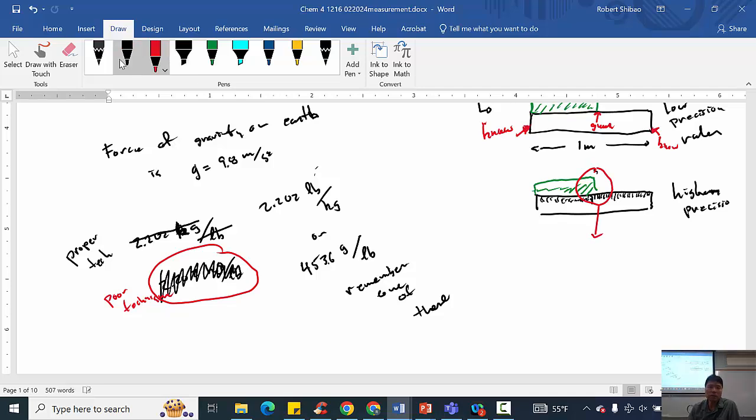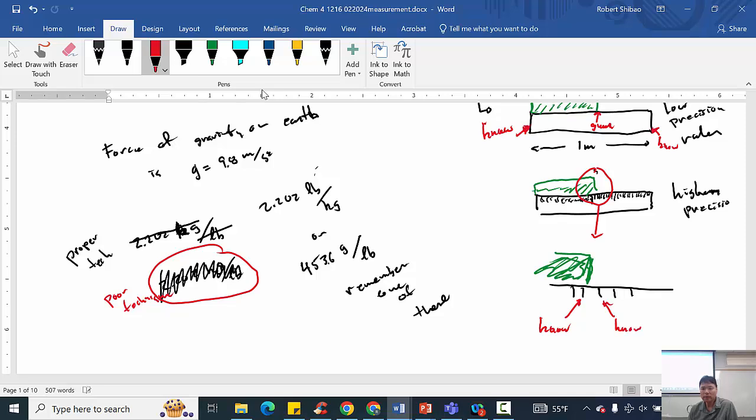So if I take a look at this, then I know this, and I know this mark, what the measurement is.